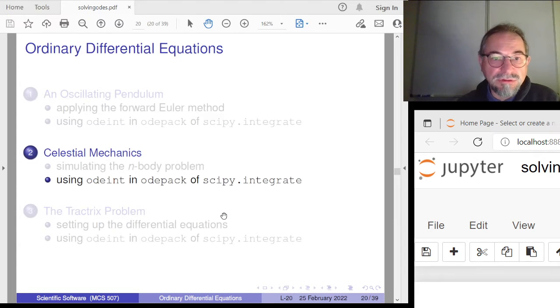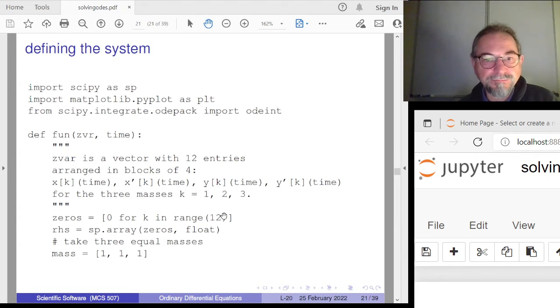Okay, so how do we do this then? Well, now we work with ODEInt. We have a vector now with 12 entries instead of the y with 2 entries from the beginning. We have a function of time.